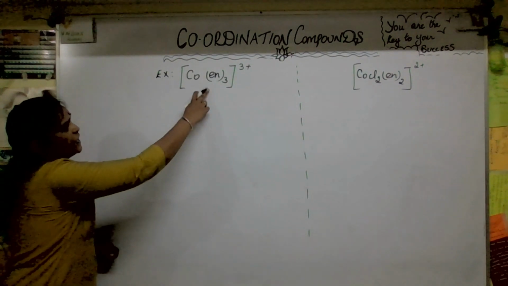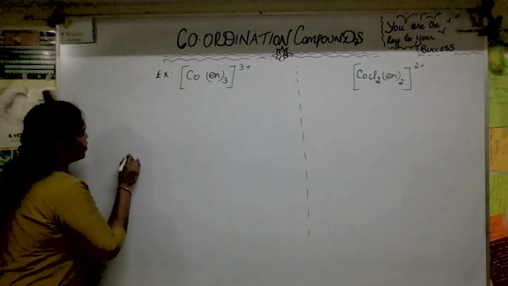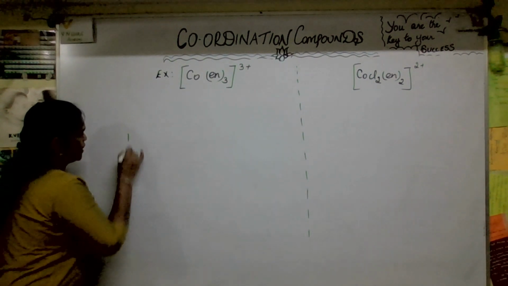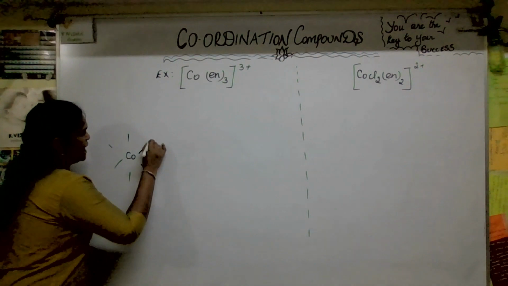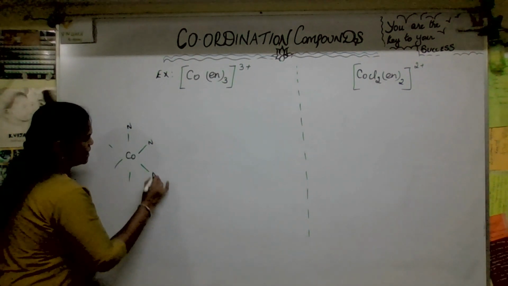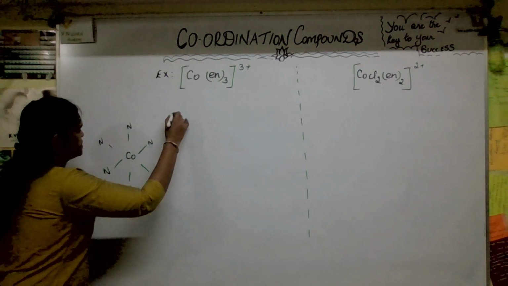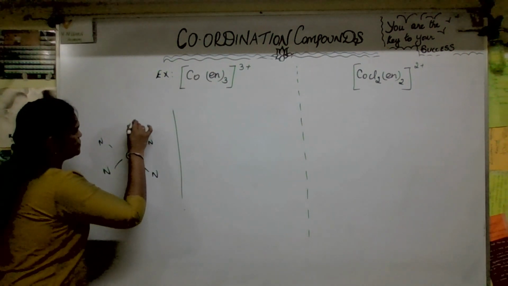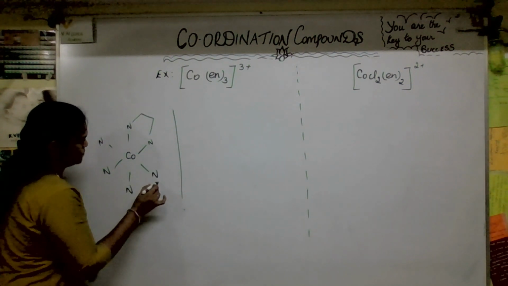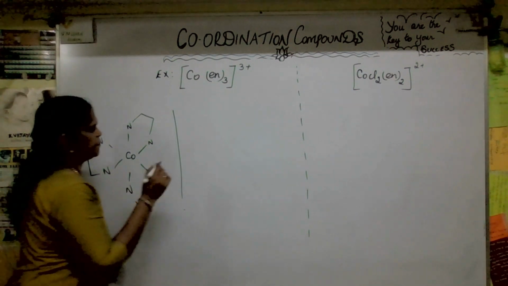Here [Co(en)3]3+. How do we draw this? The central metal ion Co. Now here in this, N and N, ethylene diamine, and N and N here. The same way, optical, right? So like this it will be because of a ring.